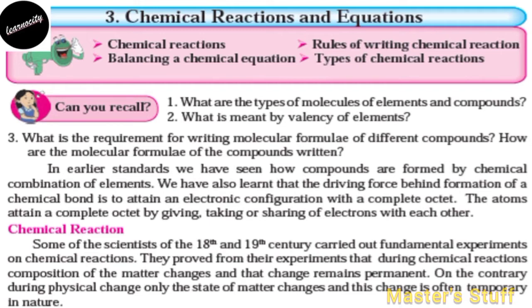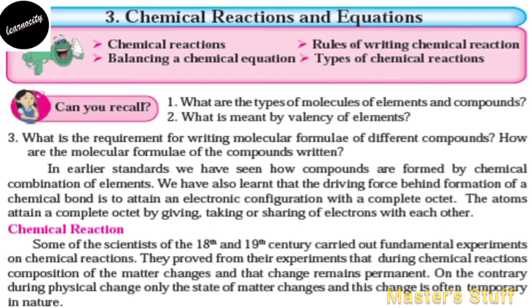That is, when a chemical reaction takes place, the properties of the matter change and the change that has taken place remains permanent. This is not the case for physical change. In physical change, the change is temporary and only the physical state of the matter changes, which can be attained back.